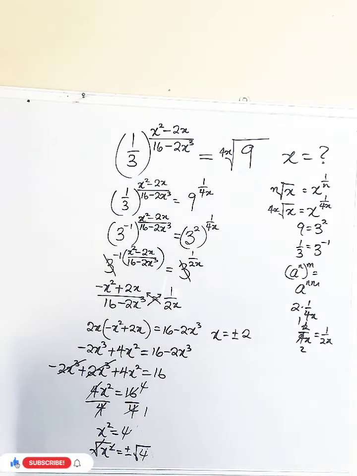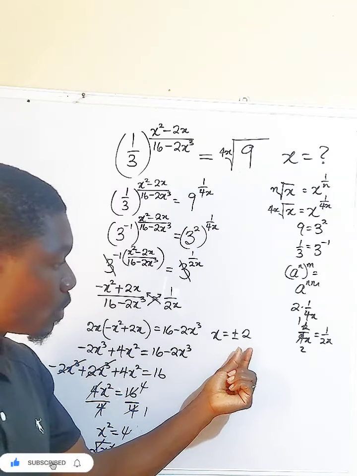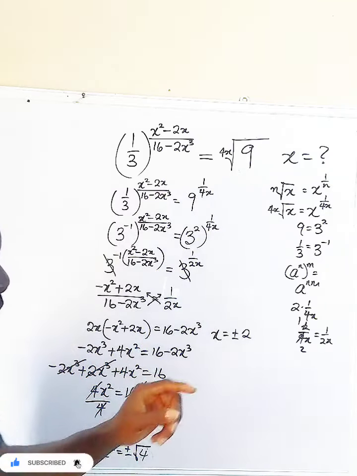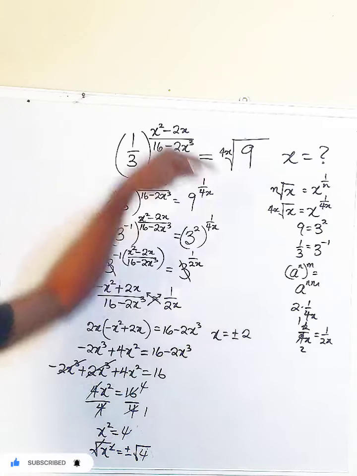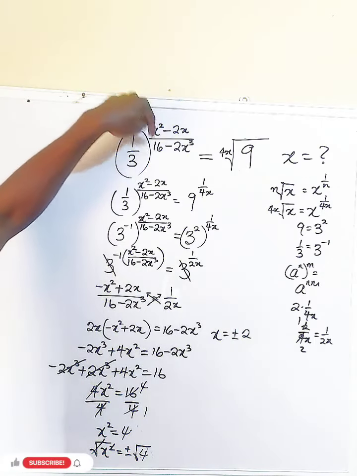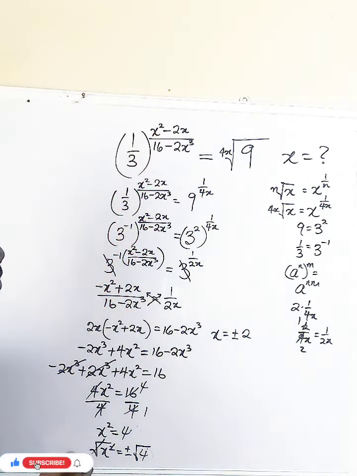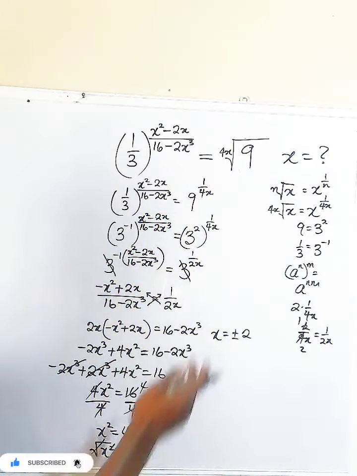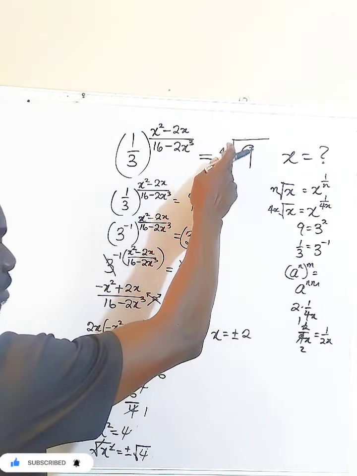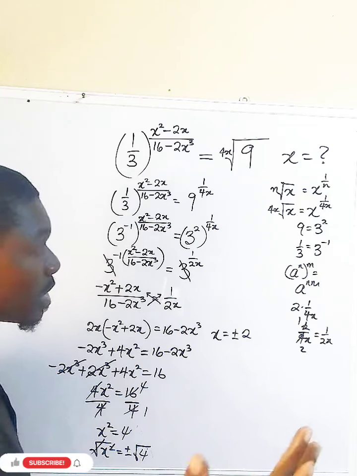Okay, now while I was trying to be sure that plus or minus 2 is actually the solution to the question, I observed that if you plug in plus 2 to this here, the above here will give us what? 0. So probably here we have a 0 also, which doesn't make sense.